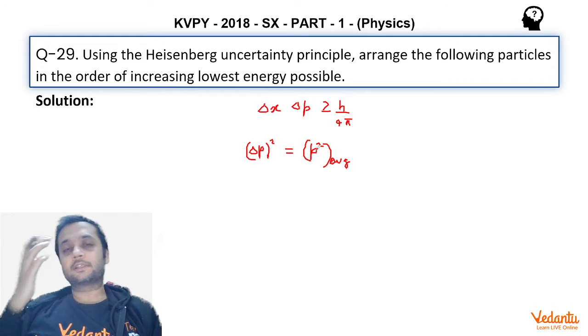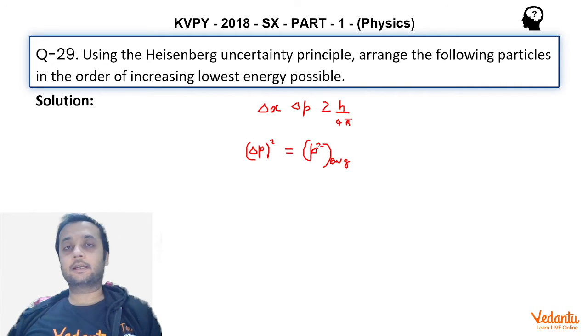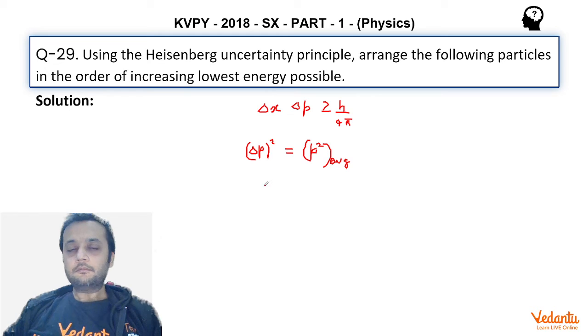For example, if you consider a box of ideal gas in a container, the average of momentum is 0 because molecules will be moving randomly. So in that case, the average value is 0, and we can say that delta p squared will be equal to the mean squared value, or the average of the squared value.